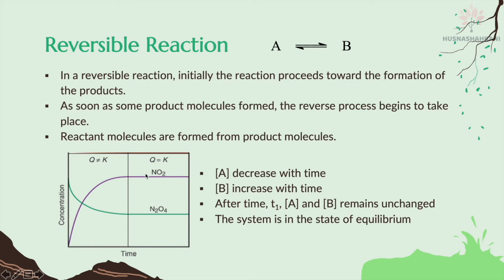The concentration stays constant. It doesn't increase, it doesn't decrease, it remains unchanged. When both the reactant and the product concentration remain unchanged, the system is in the state of equilibrium.